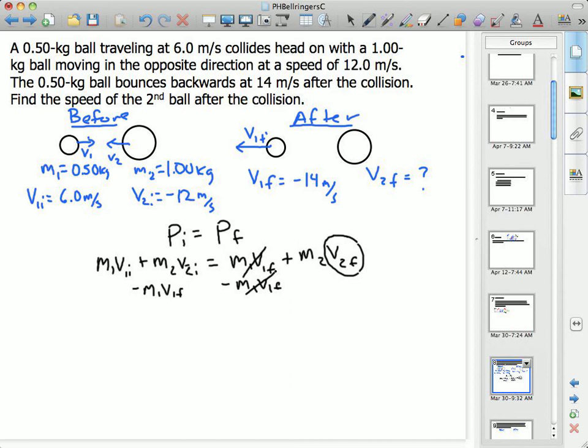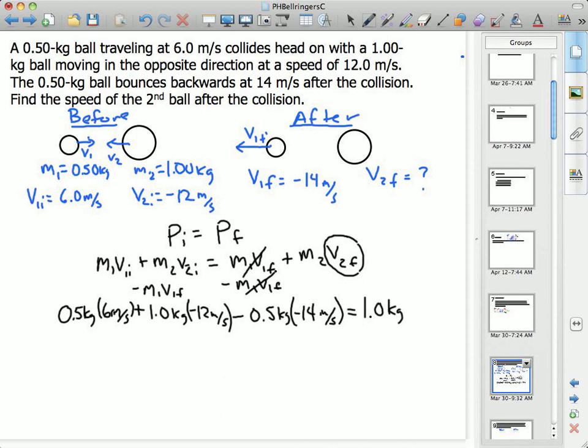And we're going to rewrite our equation with our values put in. 0.5 kilograms, that's mass 1, times v1 initial, or positive 6 meters per second, plus mass 2 times v2 initial, or 1.0 kilograms times negative 12 meters per second, minus mass 1 v1 final, that's what we just subtracted, 0.5 kilograms times negative 14 meters per second, equals mass 2 times v2 final, or 1 kilogram times v2 final, which is what we're trying to find.